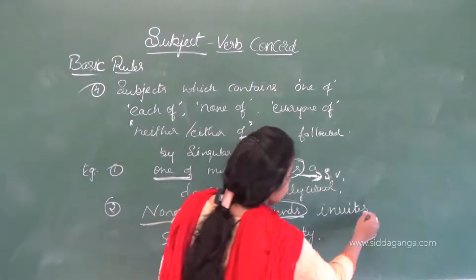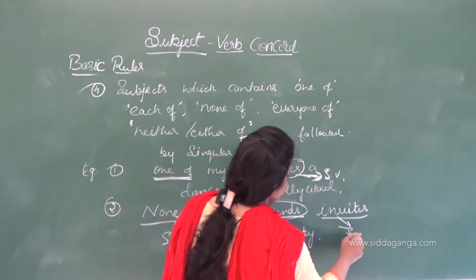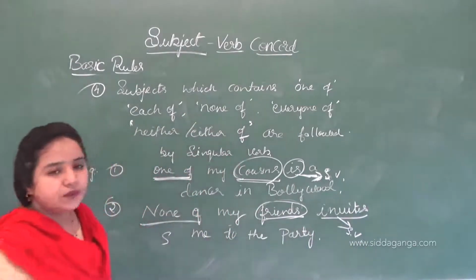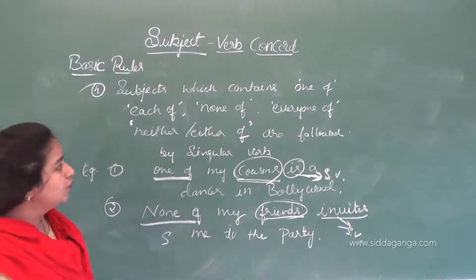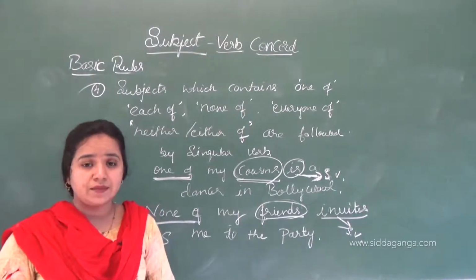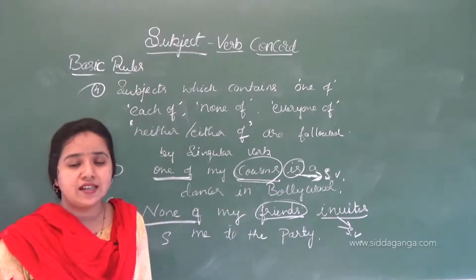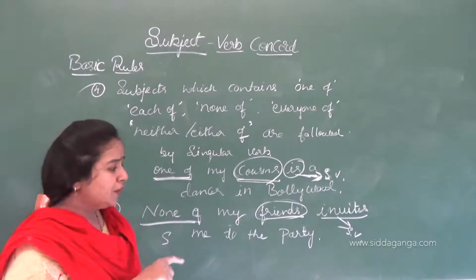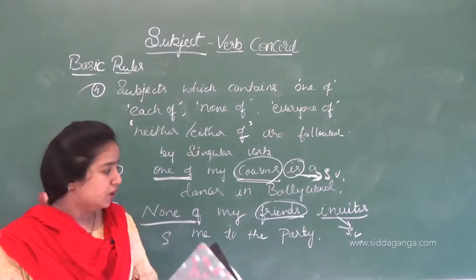Here s is added to the main verb, so it is a singular verb. It is followed by the singular verb. So when you see subjects like none of, one of, either of, neither of in exam questions, the verb should be a singular verb, not the plural verb.